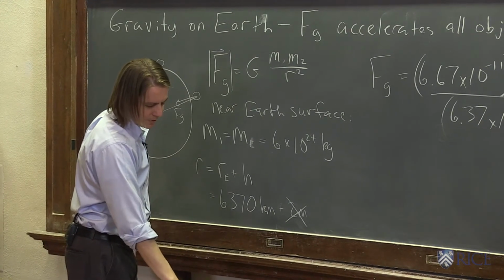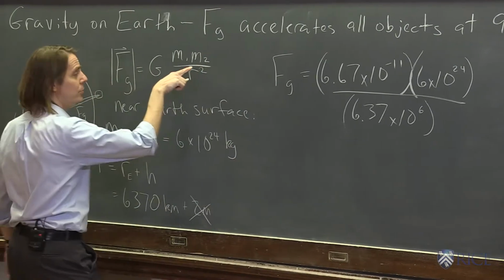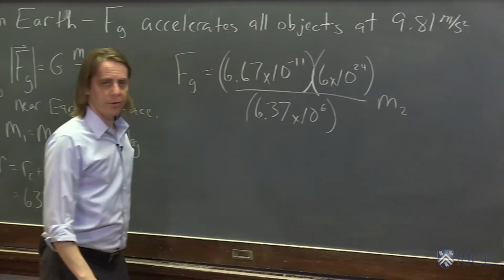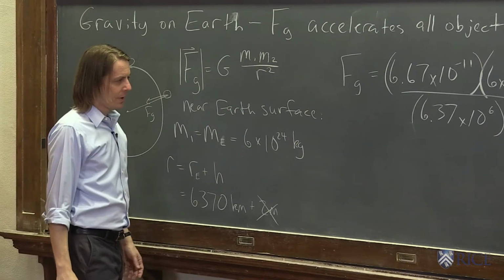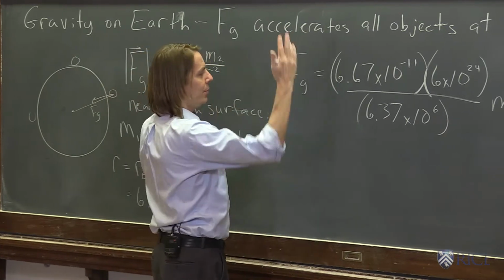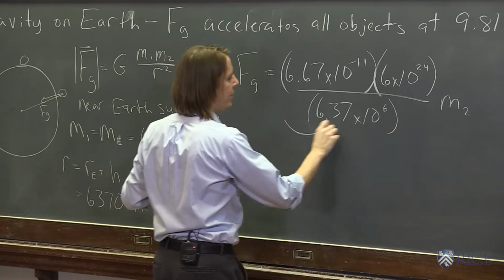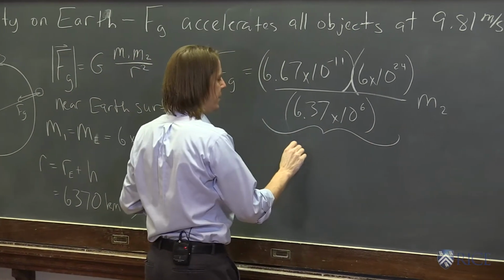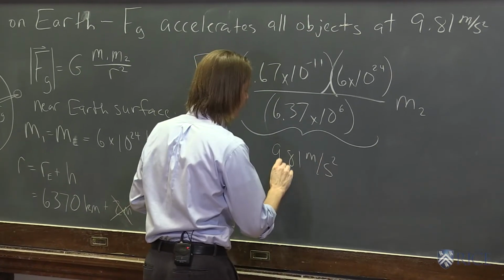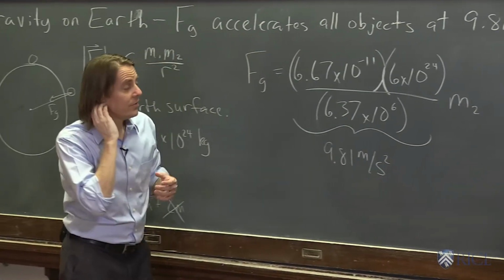And all of that times m2, the mass of whatever little object you're holding near the surface of the Earth. That's the universal formula, but that's now also the one we know, F equals mg, because if you put all these together, you get 9.81 meters per second squared. So this is how you find that value.